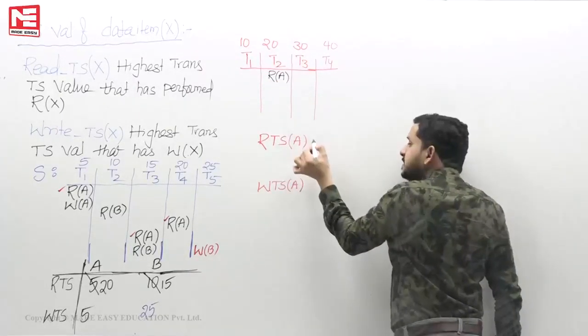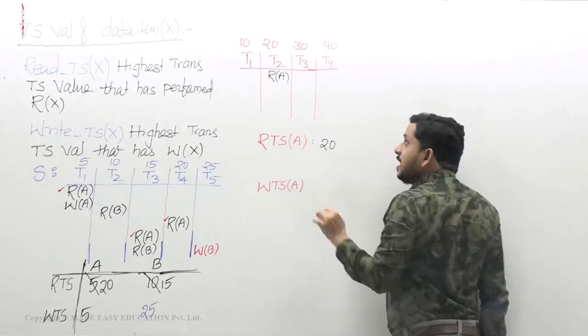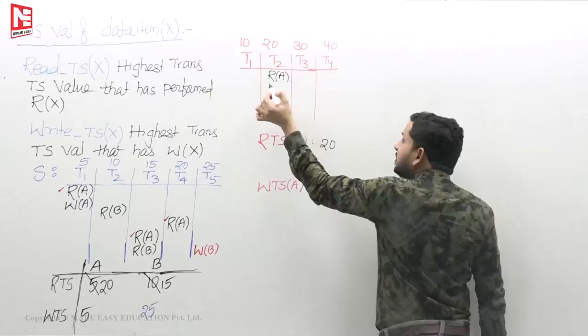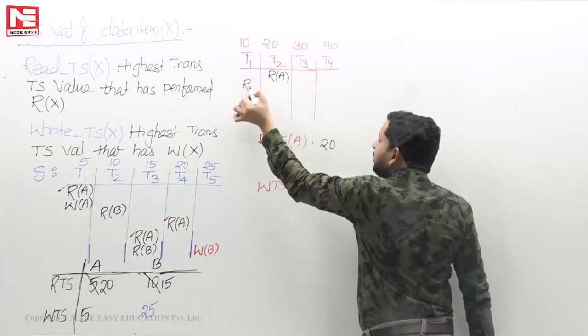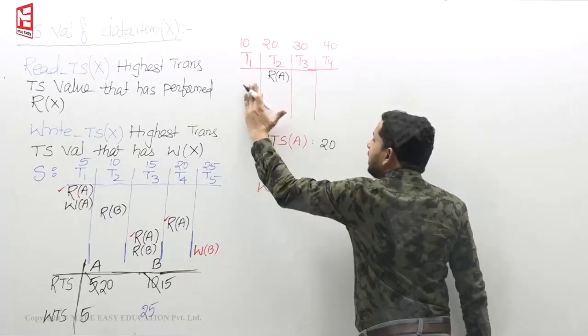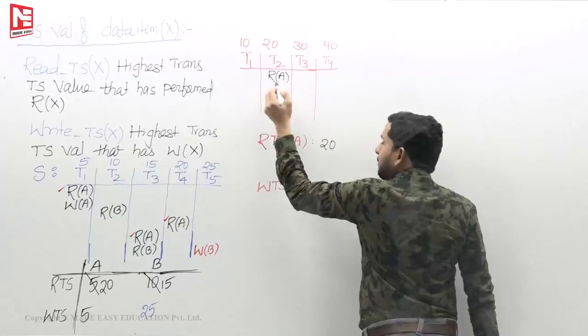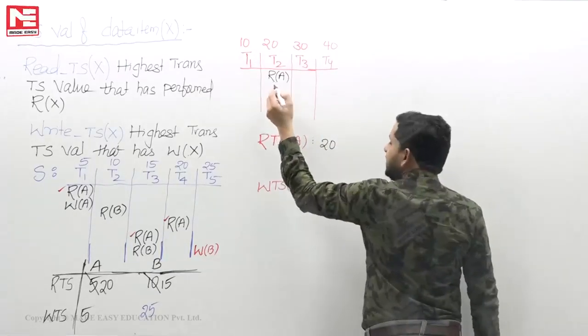Now, if transaction T2 requested read of A, then the read timestamp value of A is 20. Let's take transaction T1 as well. Only one data item is considered, right?